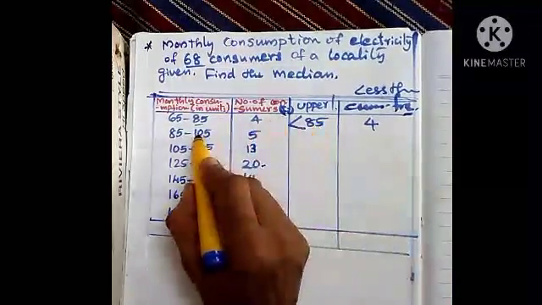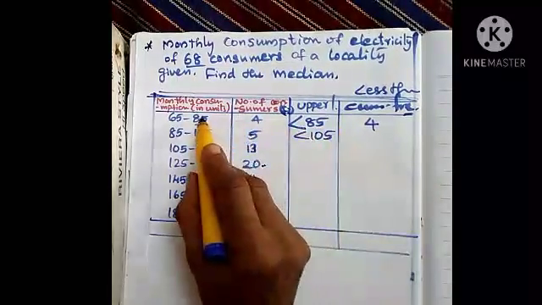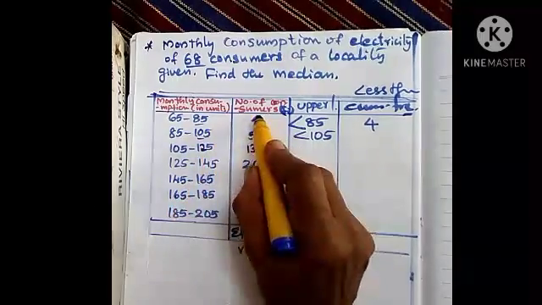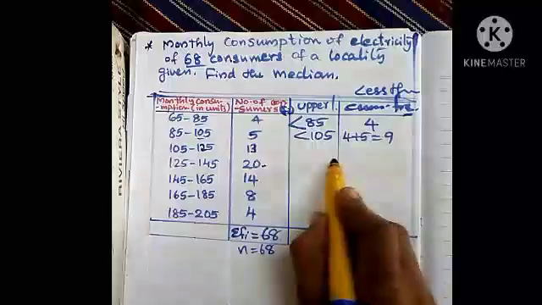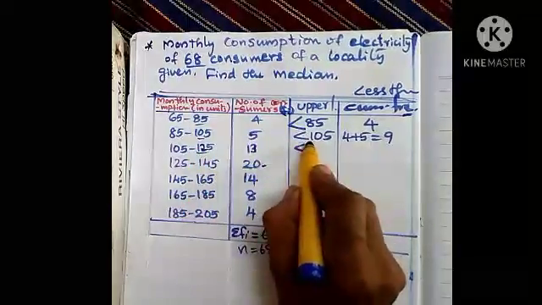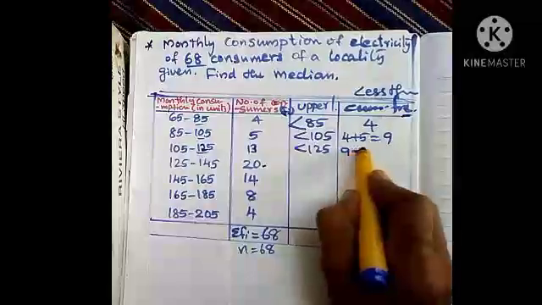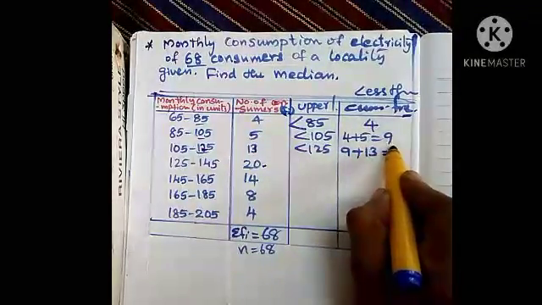Then next, less than 105. Less than 85 is also less than 105, so we need to add these numbers. 4 plus 5 is 9. Next, less than 125. That is 9 plus the same class frequency, 9 plus 13, which is 22.